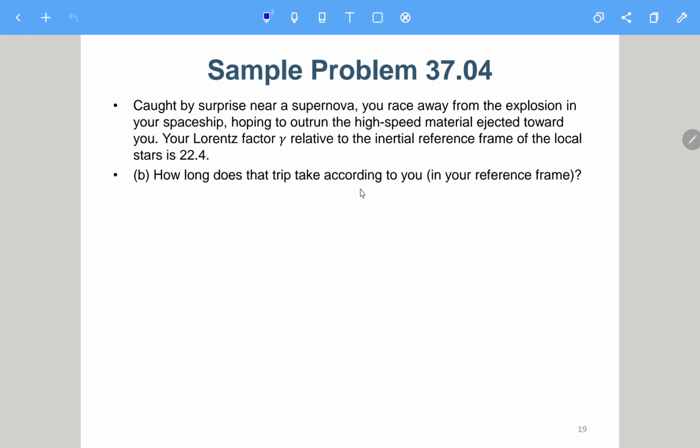So in that case, delta T0 will be delta T over gamma. So it will be 9.52 over 22.4, which is 0.425 year.